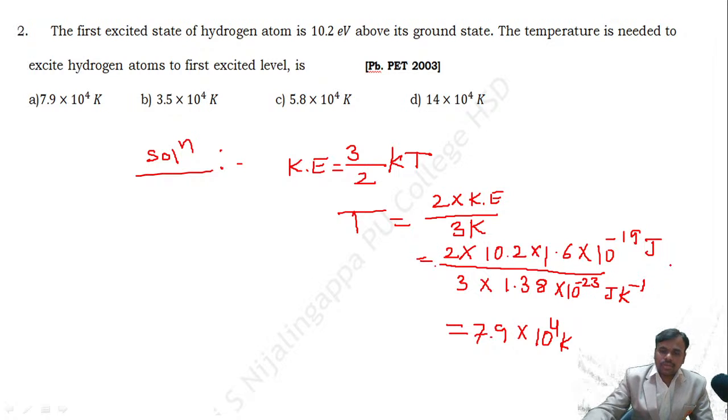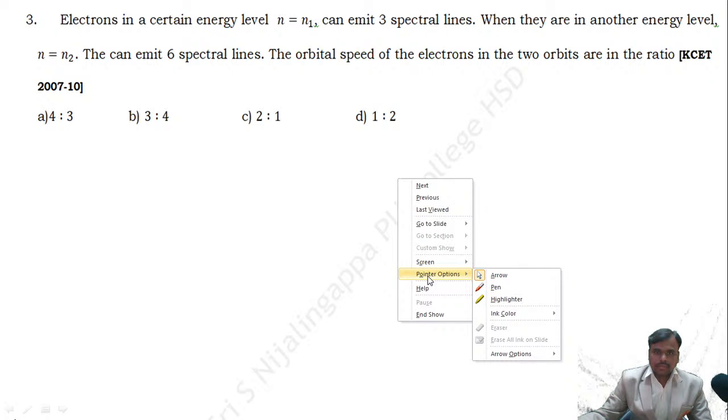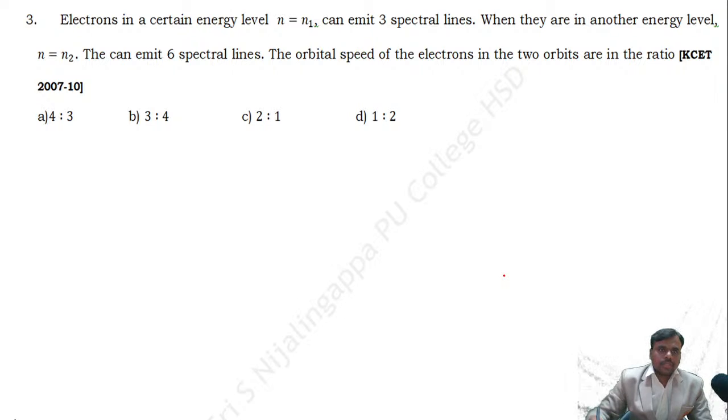Next we will go for the third problem. Read problem number 3. Here electrons are in a certain energy level, but the n1 and n2 values are unknown, because n is treated as n1 and n2.